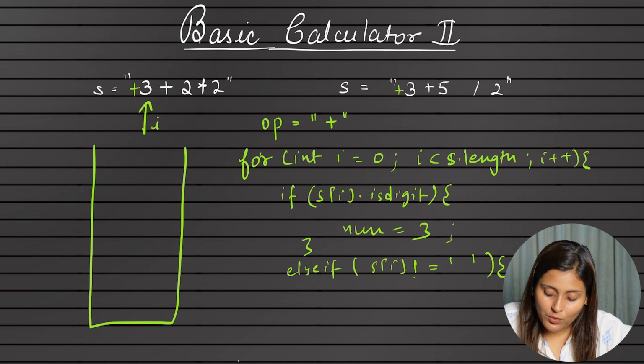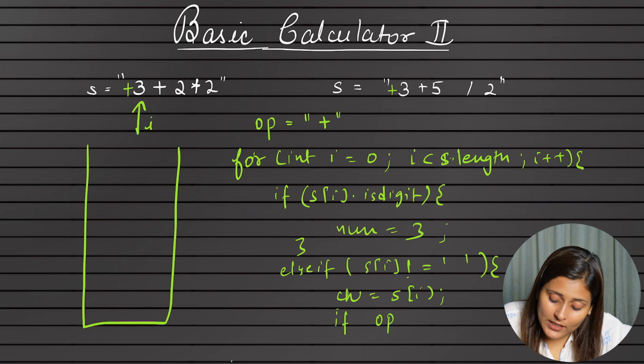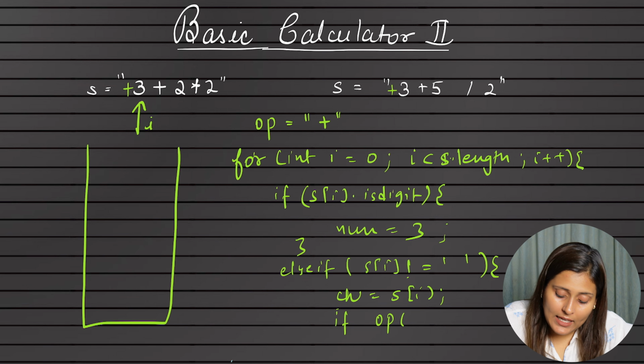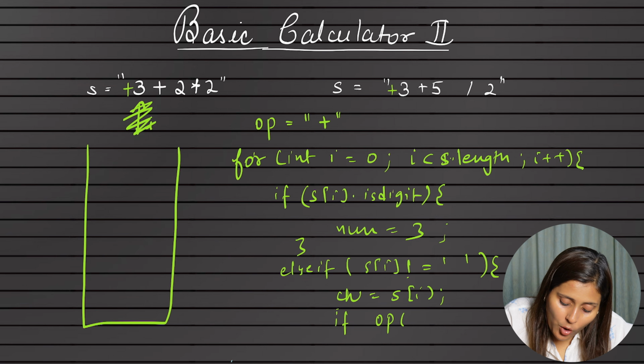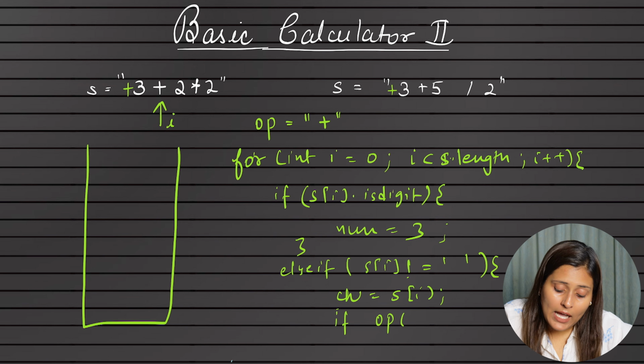So now s of i is suppose ch, so in ch we'll save s of i. Now I'll read the previous operator. See, currently I am at an operator which is plus. Why I'll read this?